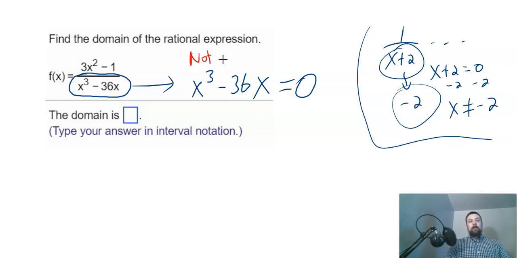Sometimes what I like to put here as a heading to remind myself what I'm finding is: these are the values that x is not allowed to equal. This is what's not allowed to happen, right? I don't want this to equal 0. This is what I'm trying to avoid, but I have to investigate it in order to find out what values of x I shouldn't plug in. So I'm setting it equal to 0 because that's what I don't want to happen.